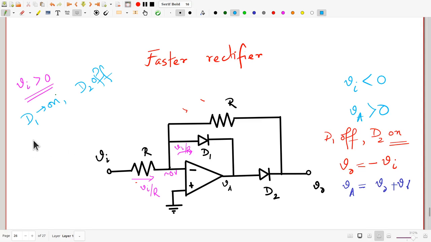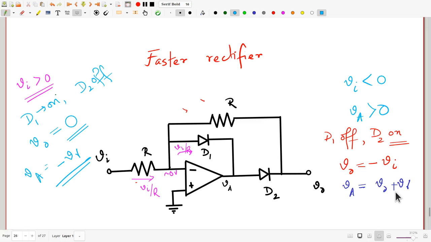As a result, nothing flows through R, and so Vo, the output voltage, is going to be 0, and Va, the op-amp output, is going to be simply equal to the drop across the diode D1 with a minus sign, of course, so it's going to be minus V gamma. Of course, as you can see, there is no problem with saturation here, so the circuit is going to stay in the linear region throughout, unless, of course, the input is too big when it's in the negative cycle.